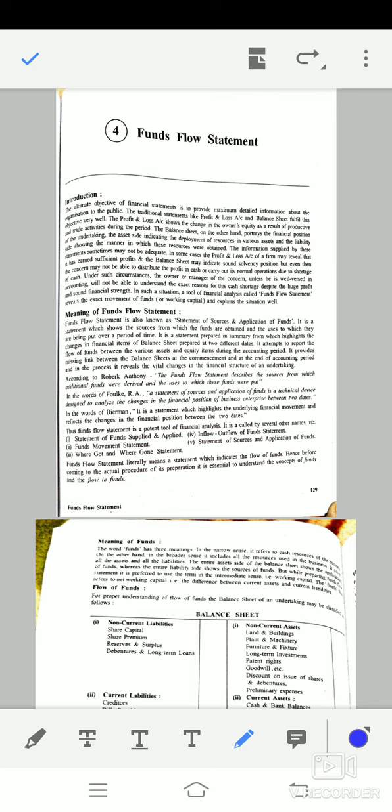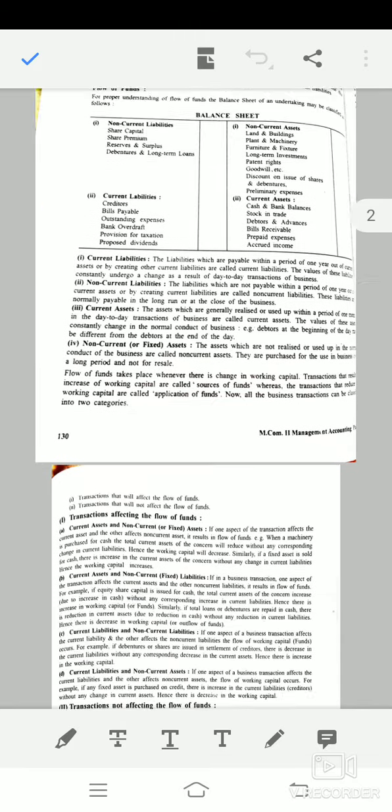Okay. Now there are some transactions which affect the flow of fund, and there are some transactions which may not affect the flow of fund. The transaction which contains current asset and non-current asset, that is fixed asset, can affect the flow of fund.